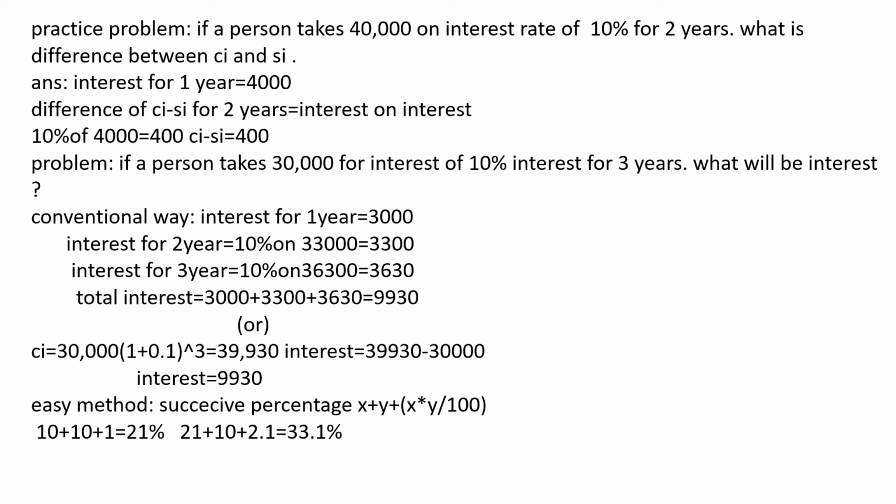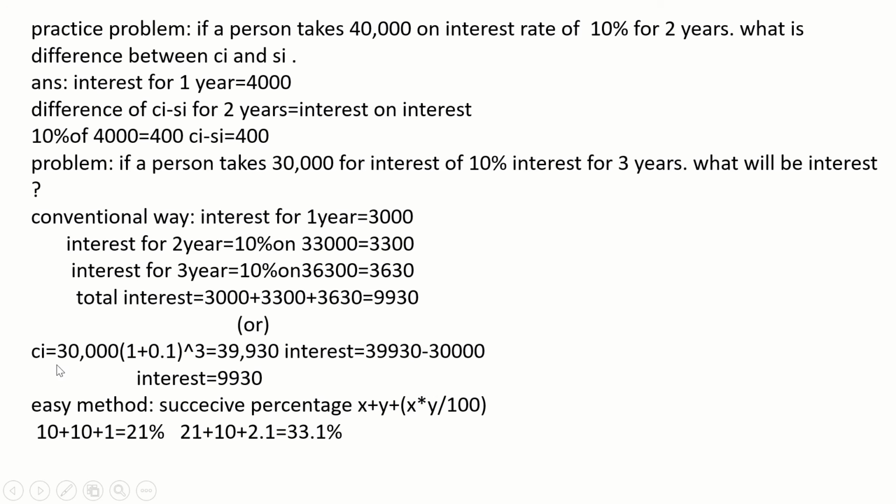After that, for the third year we add another 10%. 21% and 10% increase will give 33.1%. This is a simple percentage concept. If you solve some problems on percentage, you will realize this. For 3 years, you get 33.1% extra. If you calculate 33.1% on 30,000, you get 9,930. I believe this is a simple way of solving.